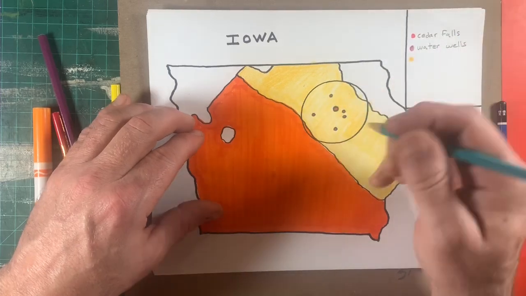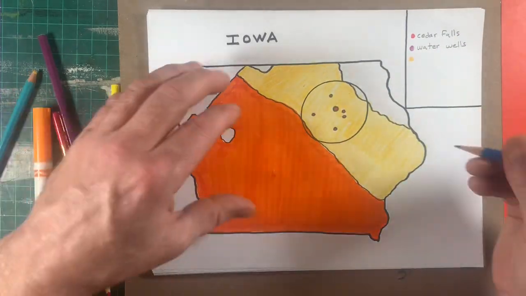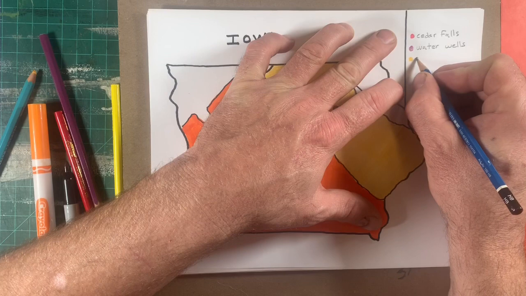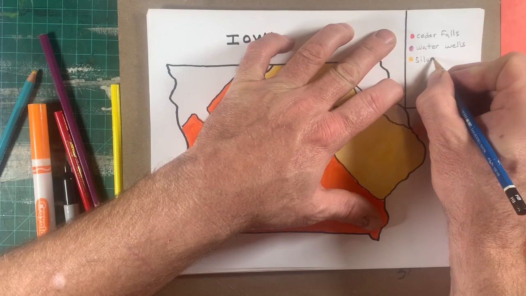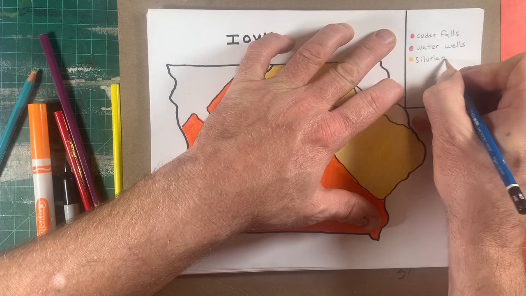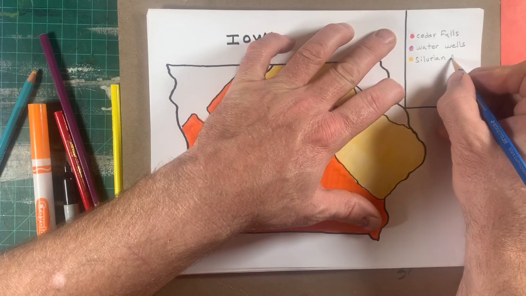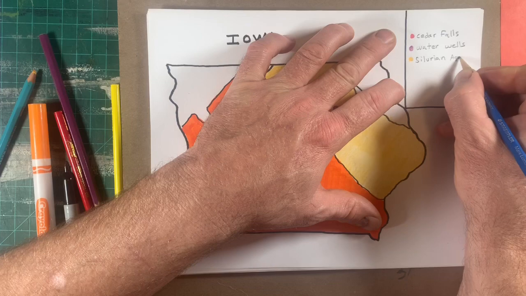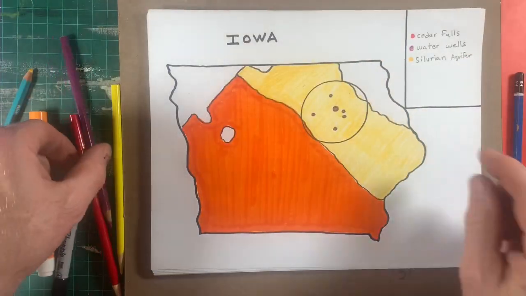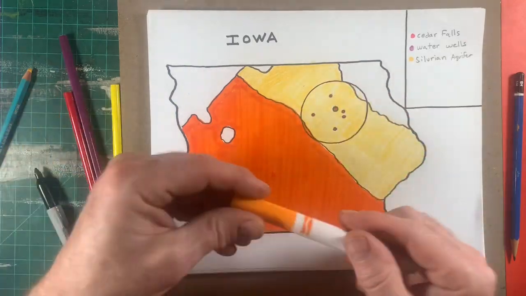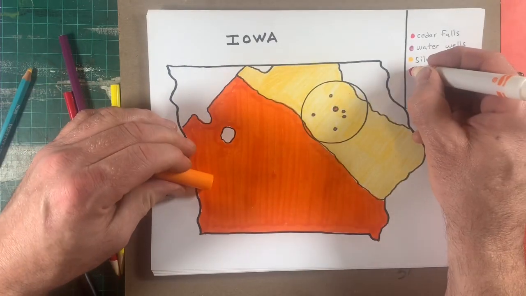This one is the Silurian. And then the Devonian.